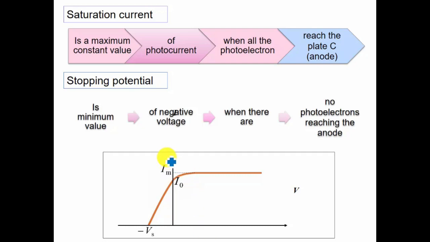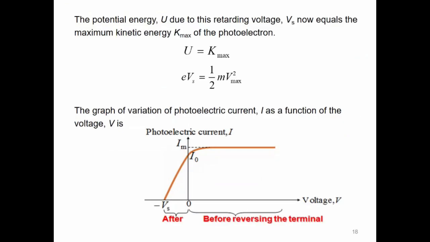From this graph, the saturation current is located over here, where the current is at the maximum, and the stopping voltage is at the end here, as there is no more current detected through the galvanometer. You should know that the potential energy, U, due to this stopping voltage equals the maximum kinetic energy of the photoelectron, or by formula, U = eVs = 1/2 mv² max of the photoelectron.